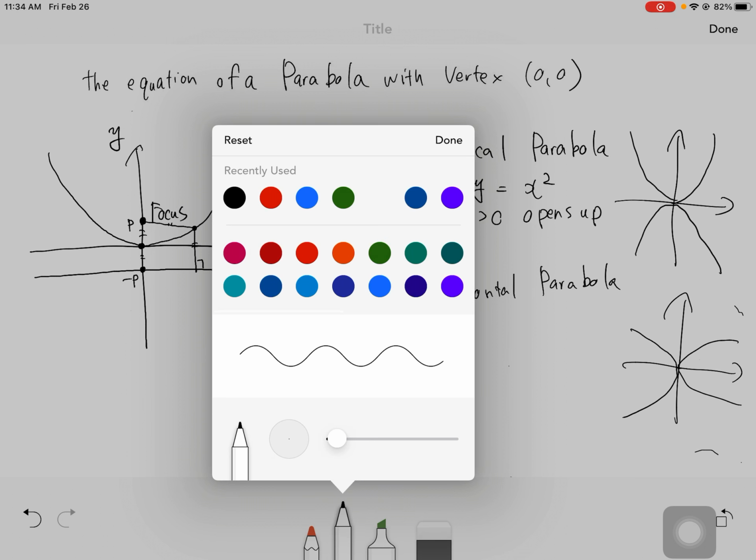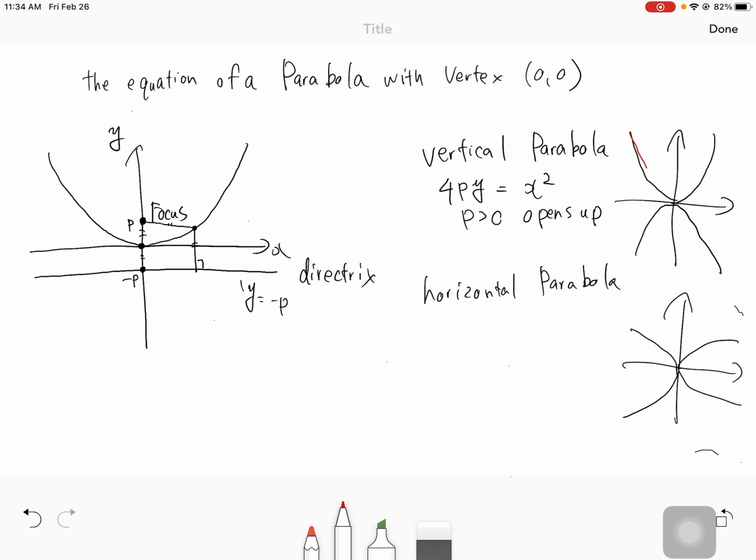So which means like this. And if the value of p is smaller than 0, the parabola opens down like this. If you're not sure why it happens, you can just try to sketch the parabola using the method I explained.